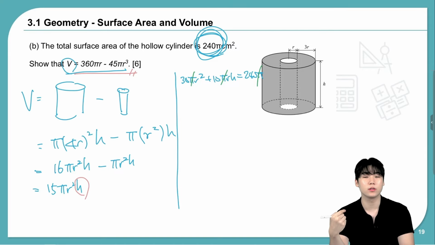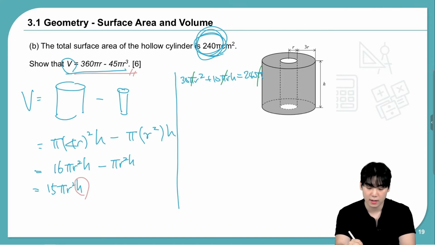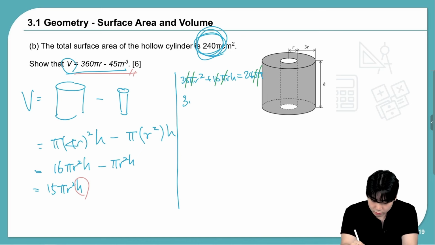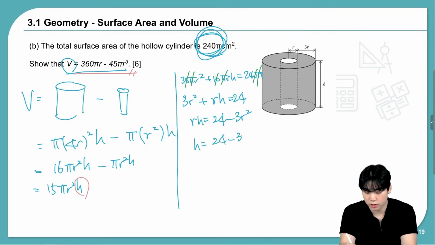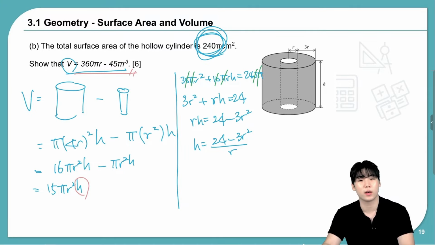I'm also going to divide everything by 10. So that removes all the zeros, and I have 3r squared plus RH is equal to 24. And that means I have RH is equal to 24 minus 3r squared, while H is 24 minus 3r squared all over r. That's my equation of the H.